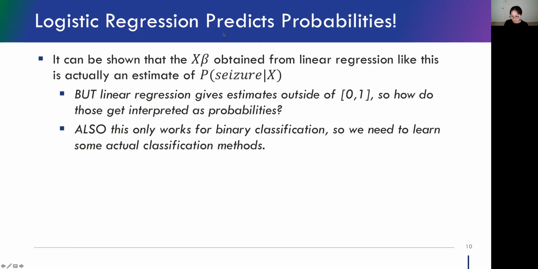More generally, we will use logistic regression to predict the probability, to build a model for that data set, like we just mentioned. When we use linear regression, it can be shown that this x beta is actually an estimate of the probability of being seizure given x.